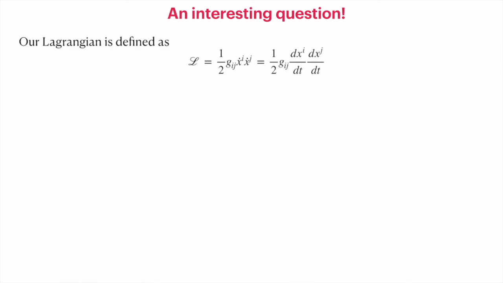Let us look at what we call the generalized momentum. The generalized momentum p_k is given as the derivative of the Lagrangian with respect to x dot k. Now is this quantity a covariant vector or a contravariant vector?